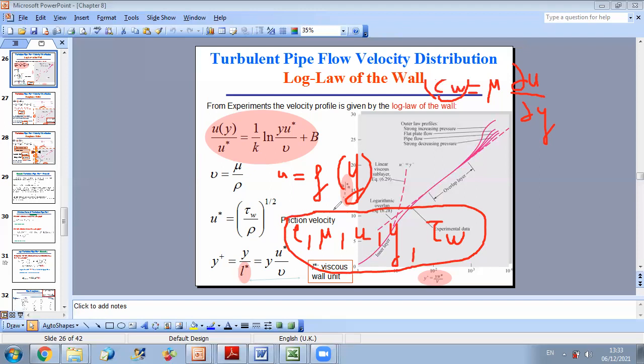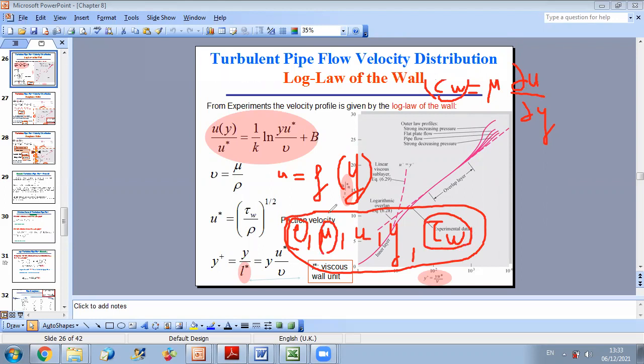As usual, we should put units. If you remember, we put units and we see the number of dimensions. So here we can select, for example, rho, mu, and the shear stress as independent variables.